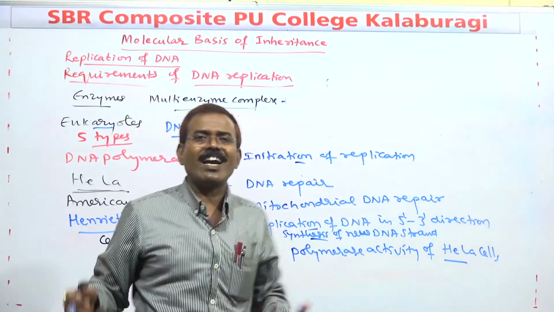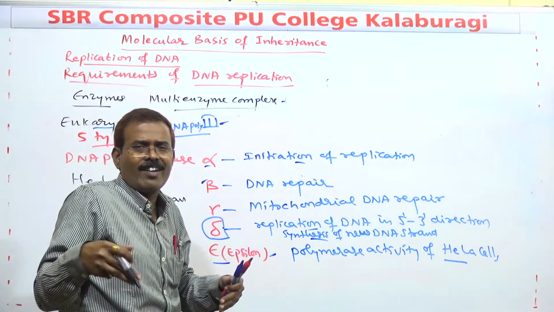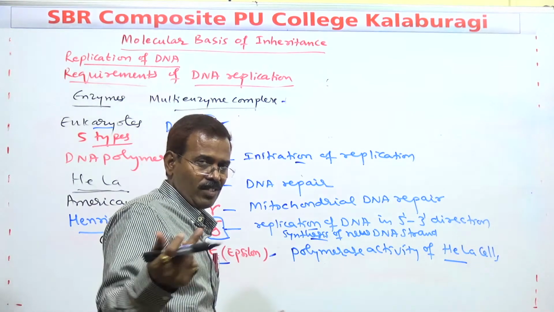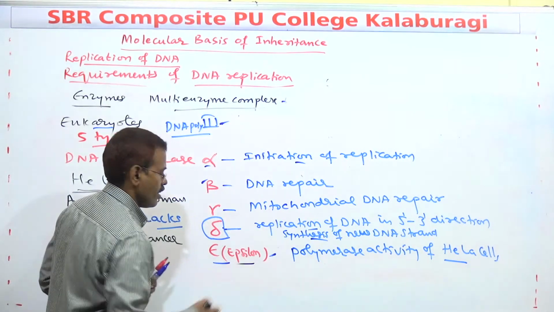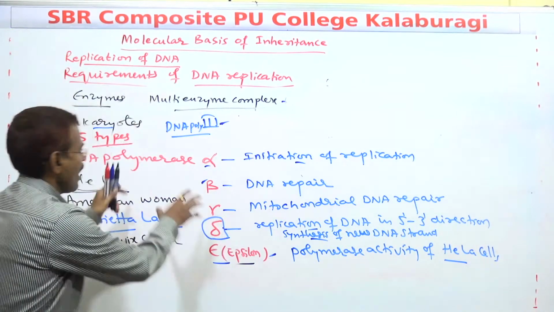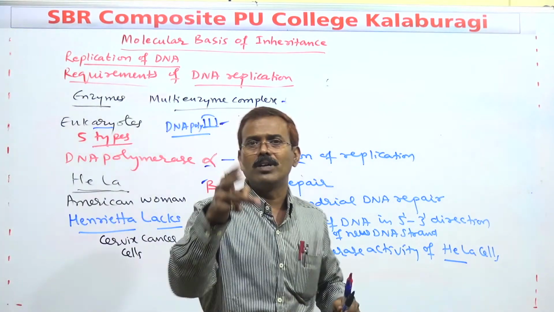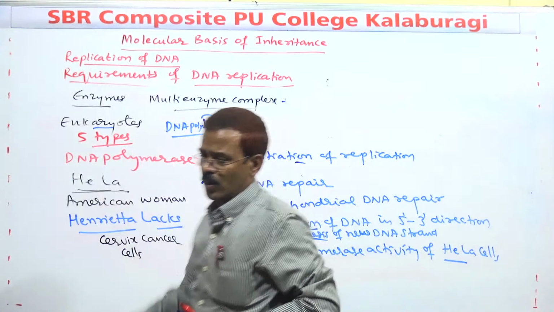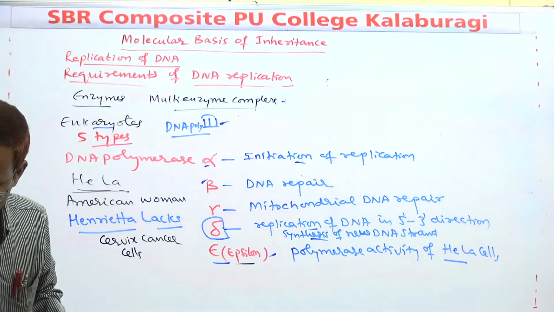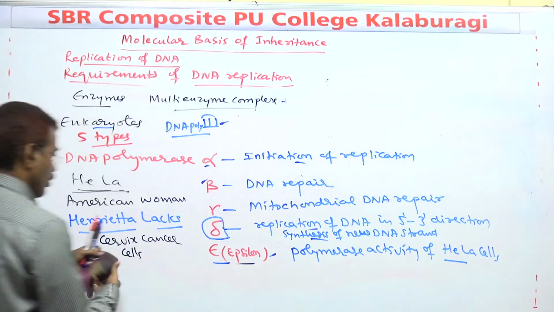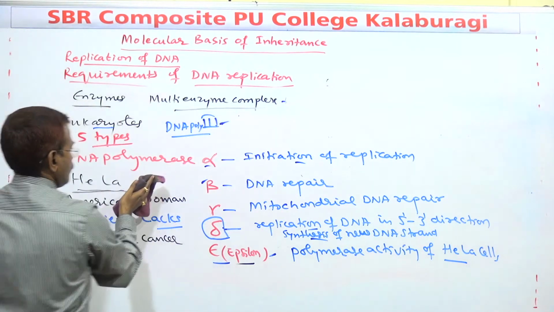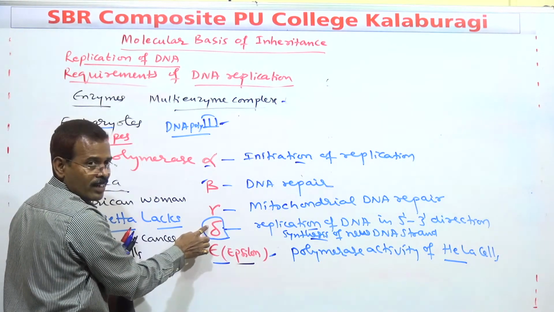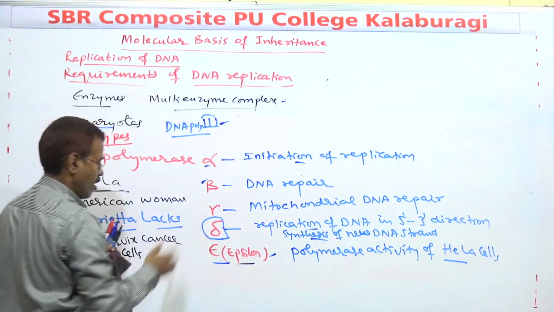They divide rapidly, with uncontrolled division, so the polymerase activity of HeLa cells is by DNA polymerase epsilon. Just as extra information, try to remember the 5 different types of DNA polymerase involved mainly in eukaryotes. Synthesis of the new strand of DNA in the 5' to 3' direction, elongation, is by DNA polymerase delta.